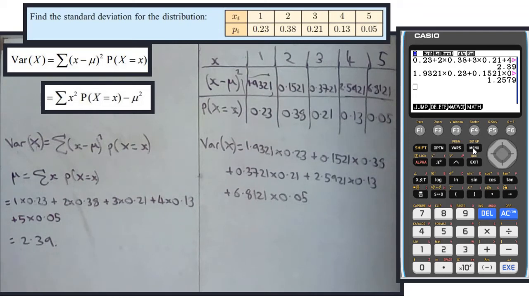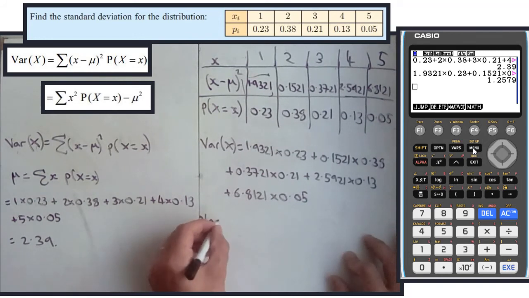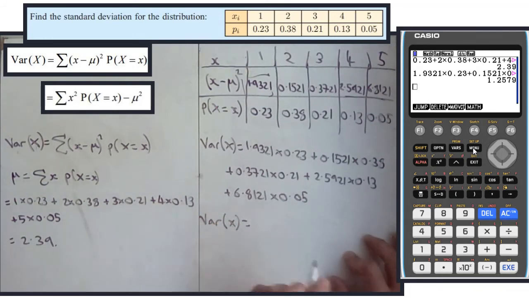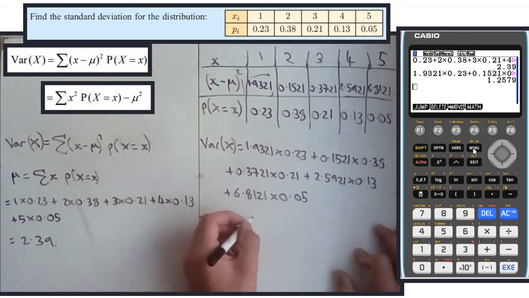So that gives us an answer for variance of x equals 1.2579.